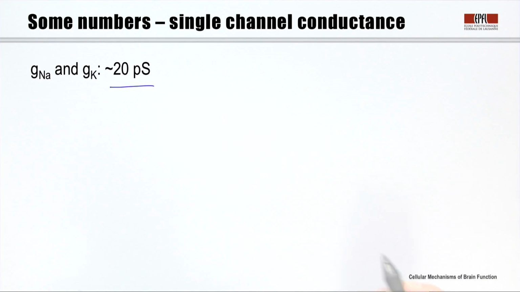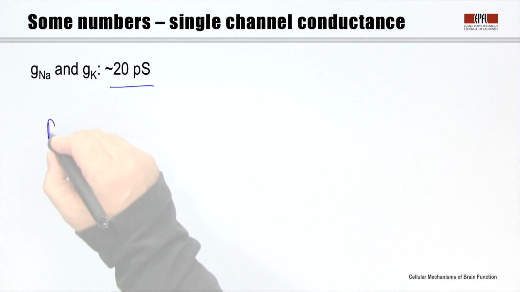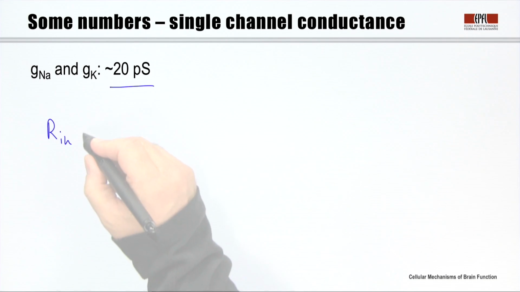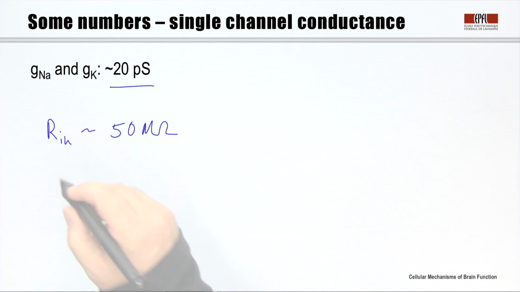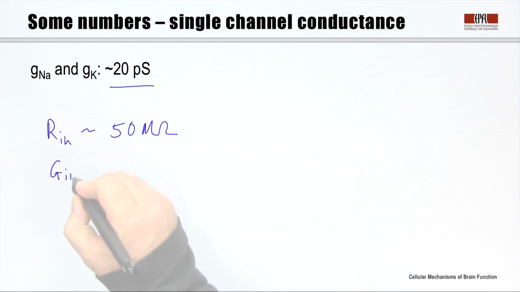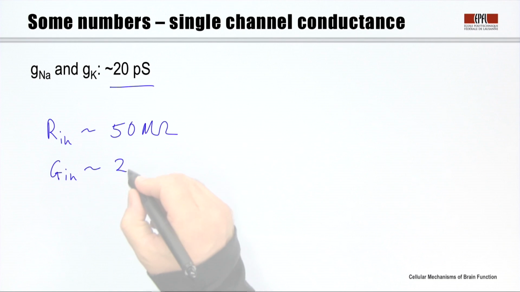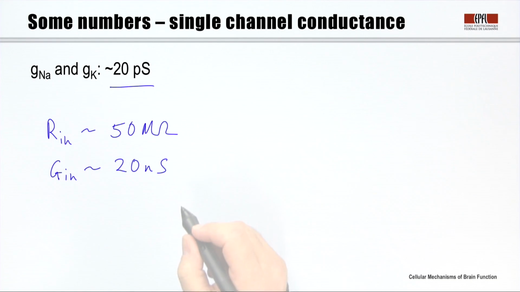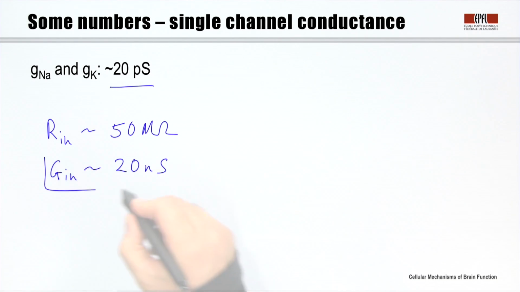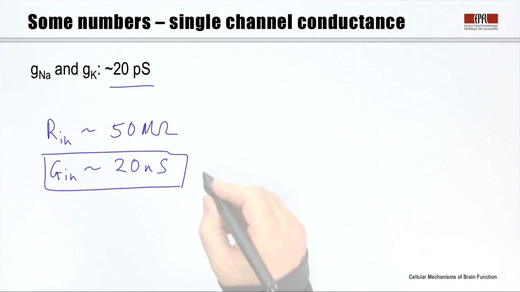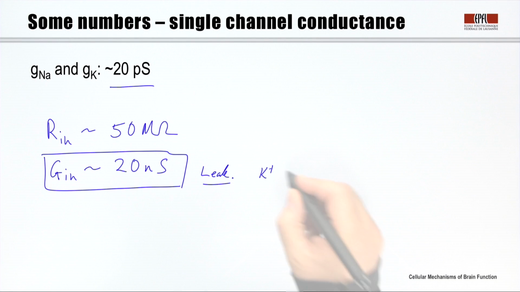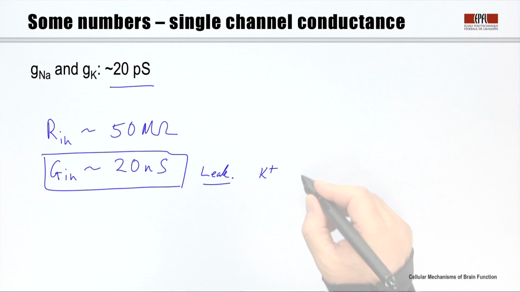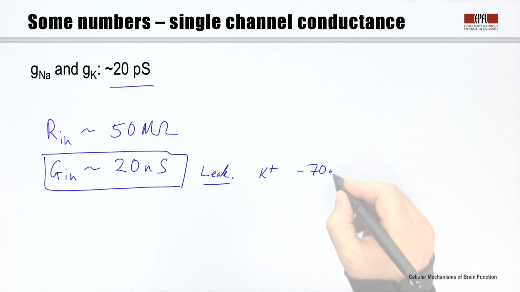The total input resistance of a cell is typically somewhere around 50 megaohm, and that corresponds to an input conductance of something like 20 nanosiemens. So this is the leak conductance of a typical neuron, and it's dominated by a leak potassium conductance that keeps membrane potential somewhere around minus 70 millivolts on average.